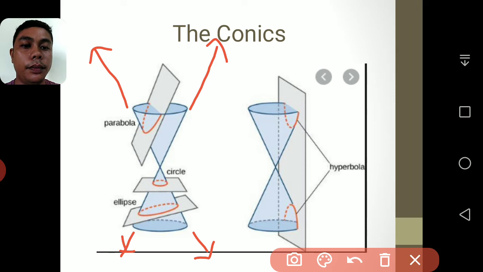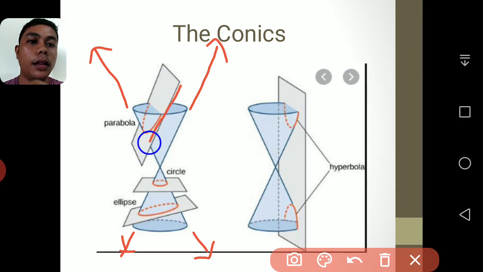and then the parabola is made when the plane cuts through the conic in such a way that the plane is parallel to the edge.